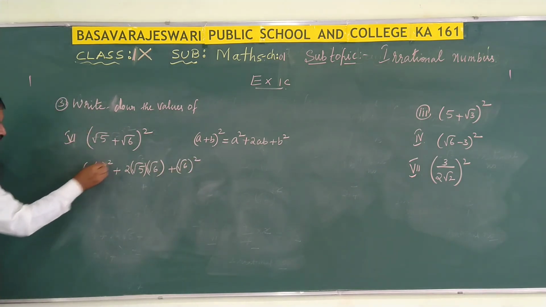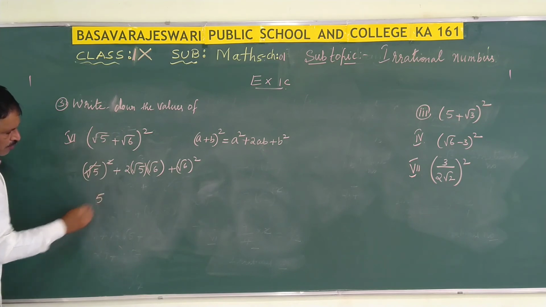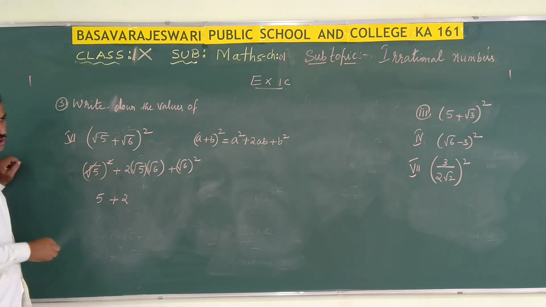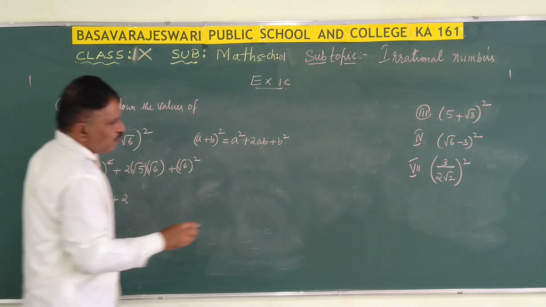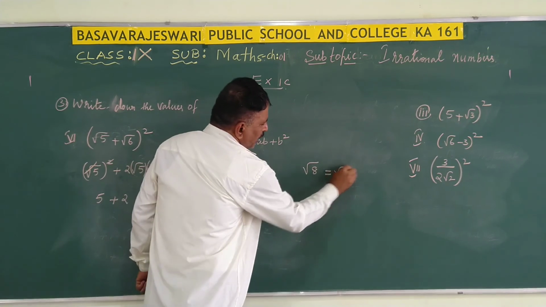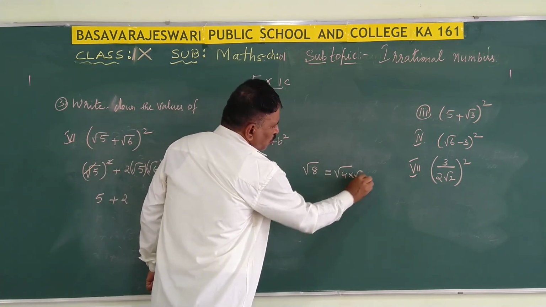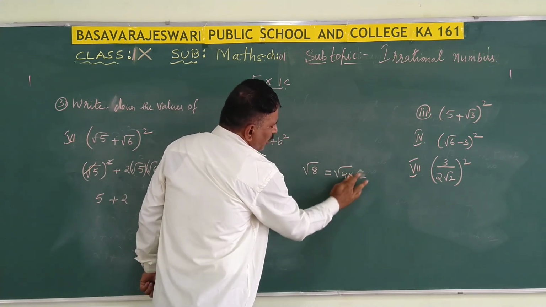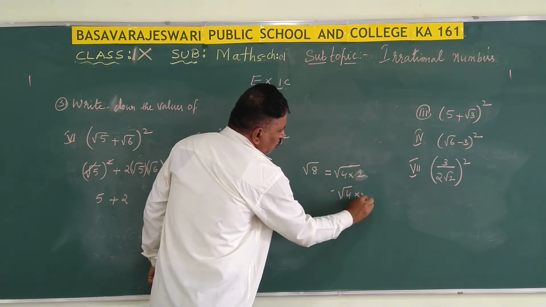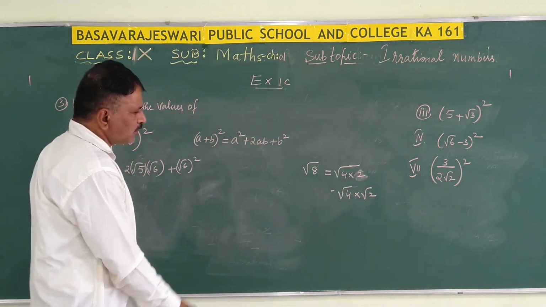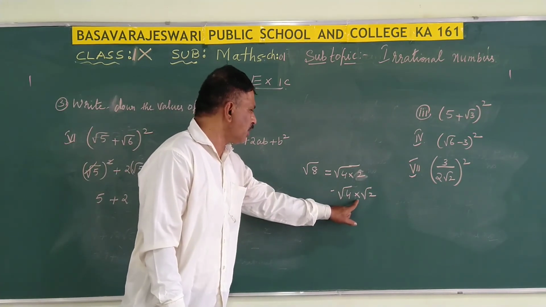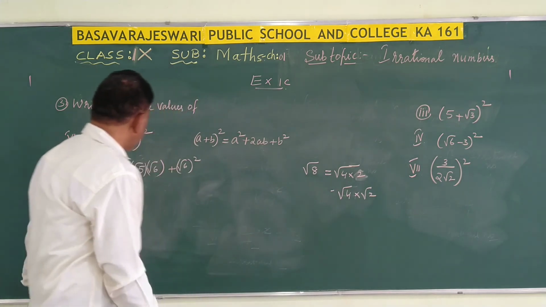So root 5 whole square gets cancelled, plus 2. Now root 5 and root 6. See, remember, root 8 was written as root 4 into root 2. That means two different values under the root, if they have multiplication, you can multiply them.